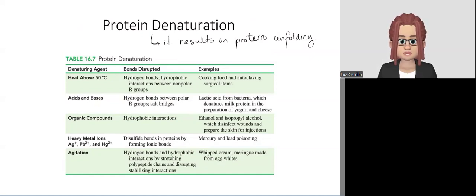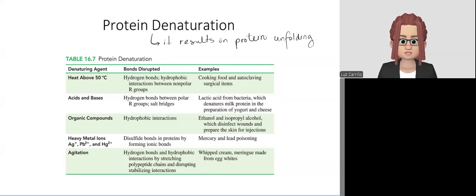Protein denaturation can happen when you heat a solution that has a protein above 50 degrees Celsius. Understand that this affects specifically the secondary structure and the tertiary structure of a protein because of the bonds that are disrupted.